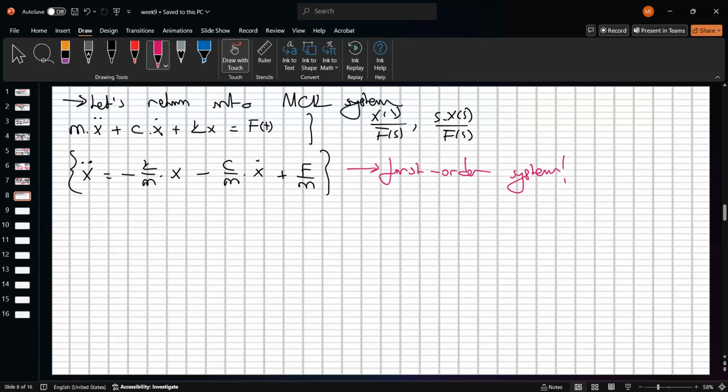If we have a first order system, it contains only one state. So let's define the dummy variable. What is dummy? Yes, a fake, arbitrary, or random variable with a specific symbol.